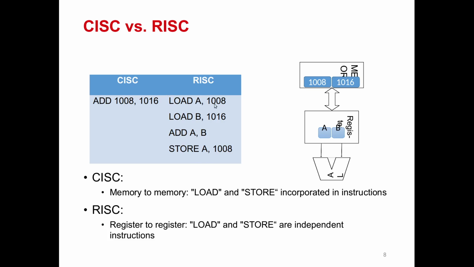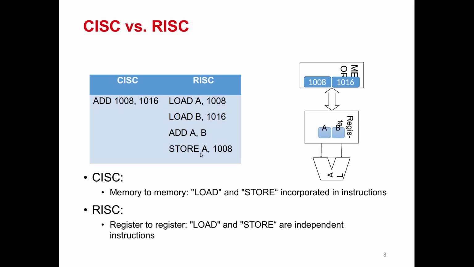However, for RISC, you need 4 instructions to do the same task. At first, you will need to load the first data from memory into a register, then load the second data into a register, and then provide those two registers to the ALU for addition, and then the result will be written back to one register inside the register file.